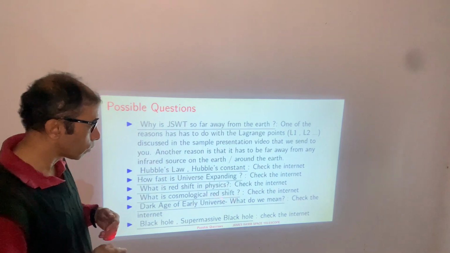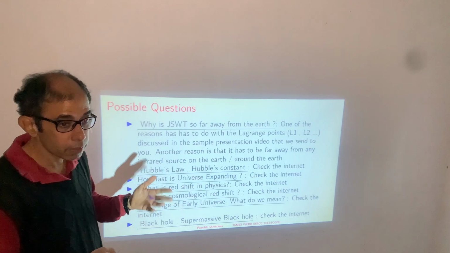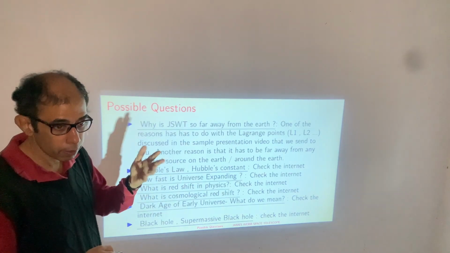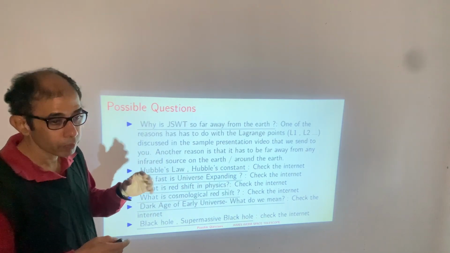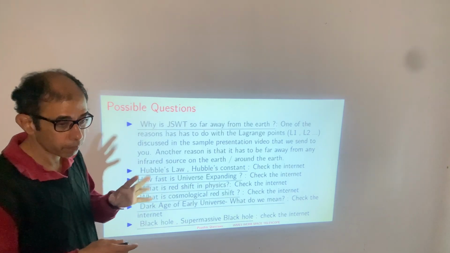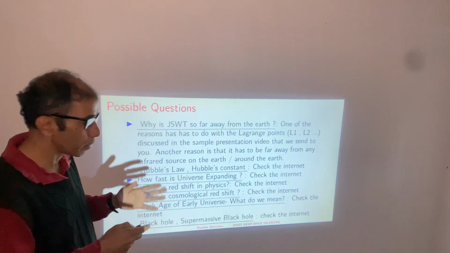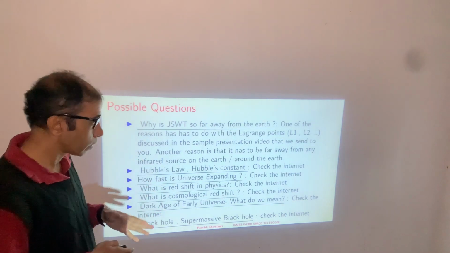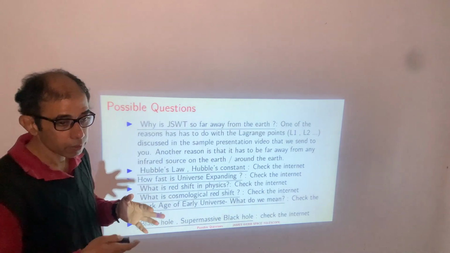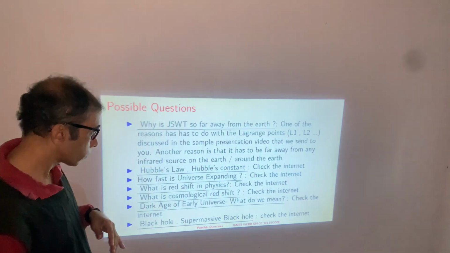And from that dark universe, suddenly stars started appearing. It's just like in a very dark place, suddenly bulbs started lighting up. It was very dark, and suddenly star formation and galaxy formation started taking place.